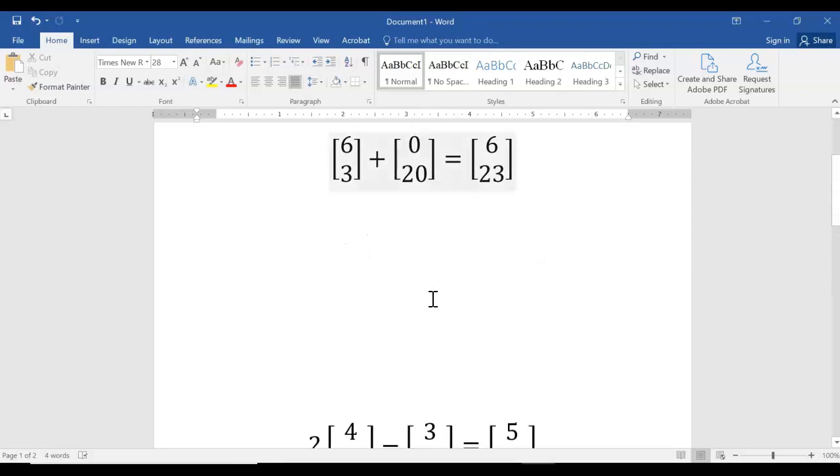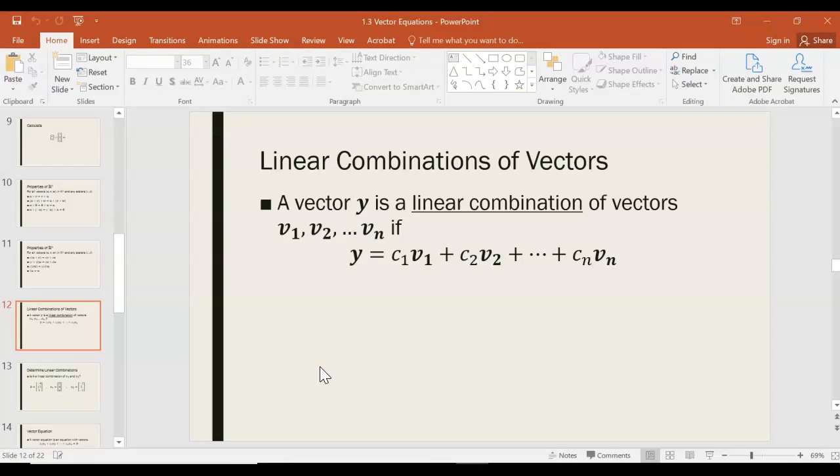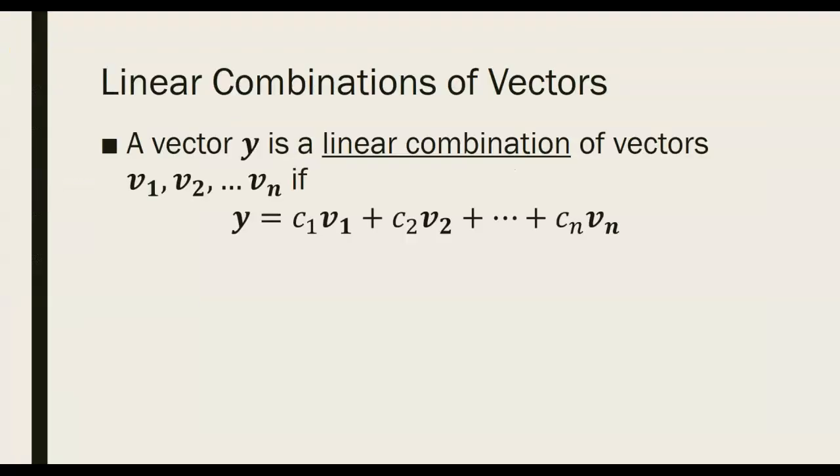Similarly, we could say that (6, 23) is a linear combination of (2, 1) and (0, 4). And one of the things we like to do is determine if a vector can be written as a linear combination of other vectors.